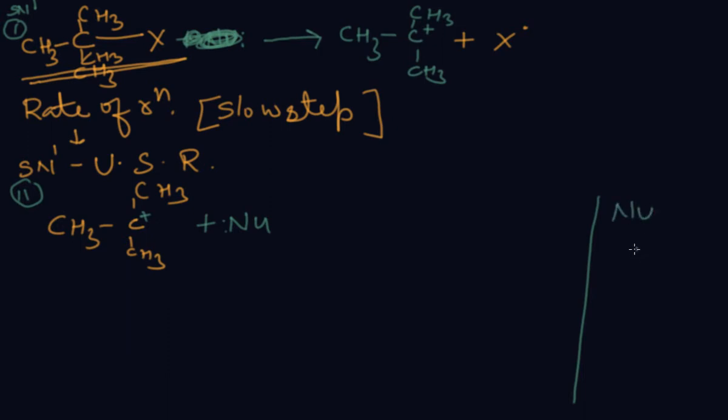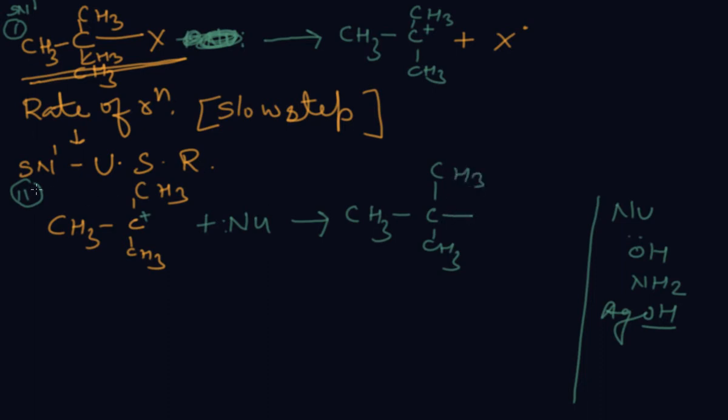It can be OH group, it may be NH2 group, if I take AgOH then OH will be there. Nucleophiles are electron donating species, nucleus loving species. Now the nucleophile will attach to this carbocation and our reaction is complete. So this is the SN1 reaction.